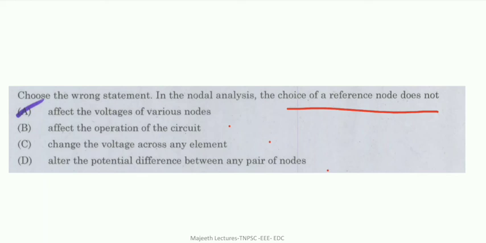So what is the only wrong option? It will affect the voltages of various nodes. No, it should not affect. So it is a wrong statement. The choice of reference voltage does not affect the voltage of various nodes. No, it will affect the voltages of various nodes.